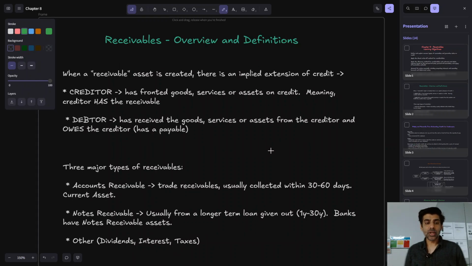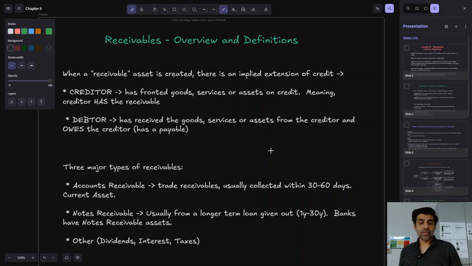So again, this should be review, but I think it's good to repeat certain concepts just to make sure that we're all clear. When you have a receivable that's created, it's an asset, right? Accounts receivable is an asset account.